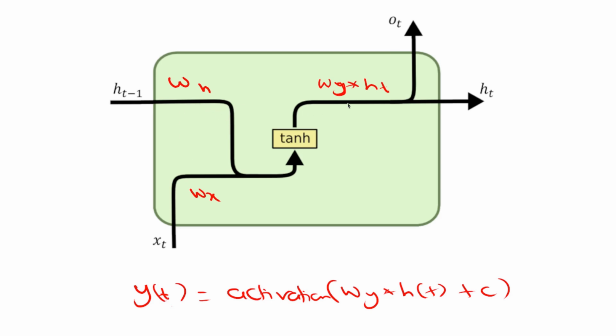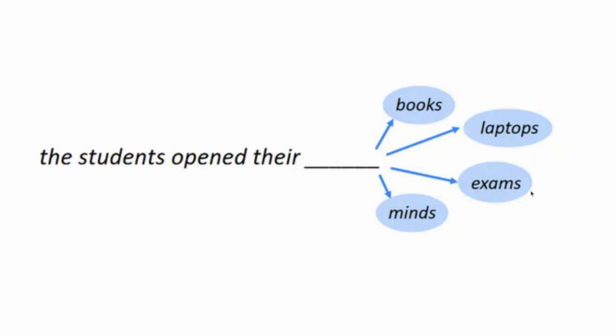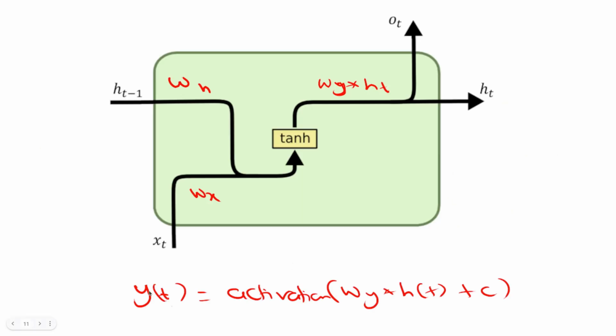So yt equals activation of Wy times ht plus c, where Wy is the weight matrix for the output, c is the bias term, and activation is an activation function which could be softmax for a classification problem or a linear function for a regression problem. For example, in a language modeling task, yt could be the probability distribution over the entire vocabulary, representing the network's prediction for the next word in the sequence.